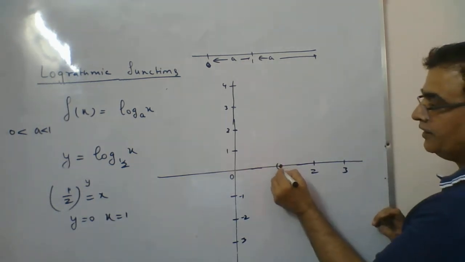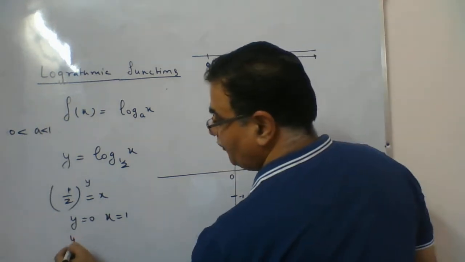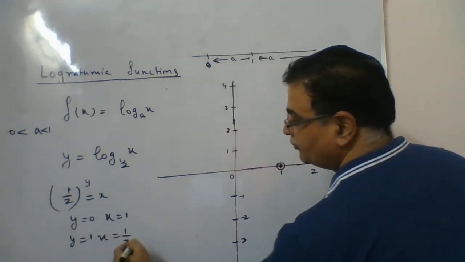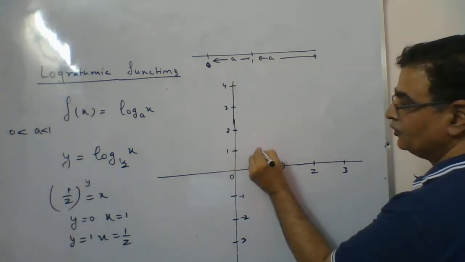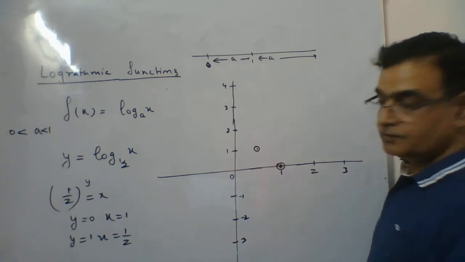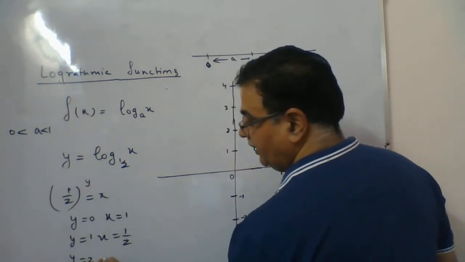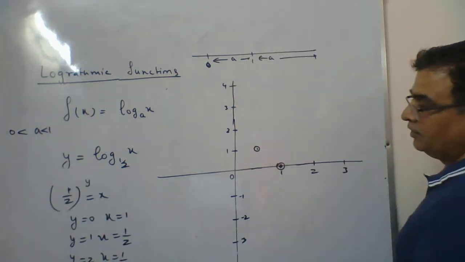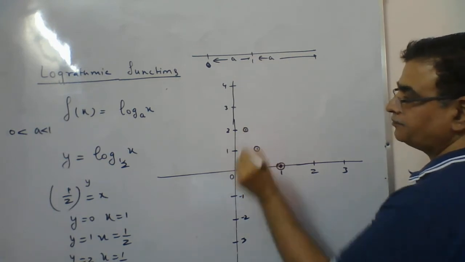So this point is clear. Second, when you put y is 1, x will be half, so it is here. When y is 2, then x will be 1 by 4. This was half, then 1/4 will be this.